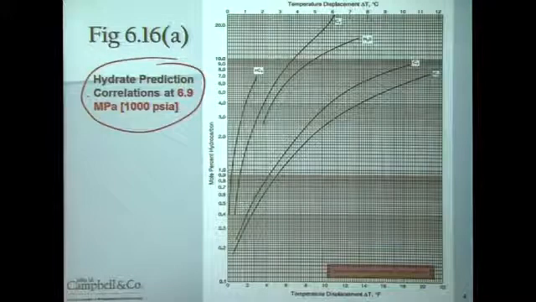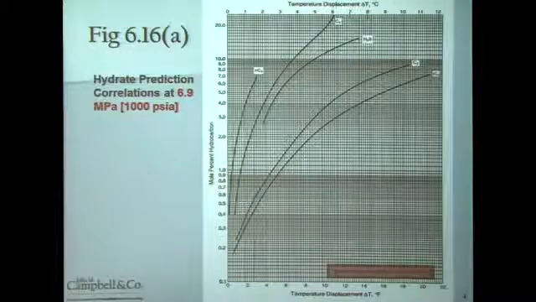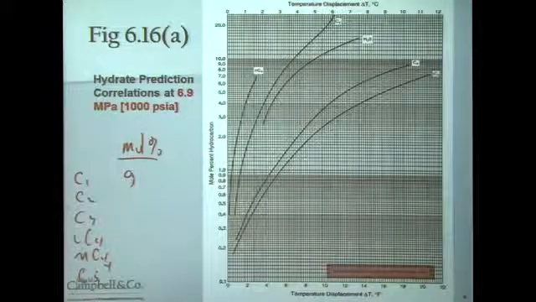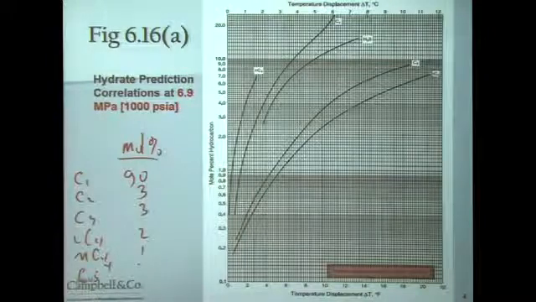If you have a natural gas stream at 69 bar, and let's assume you have a composition of methane, ethane, propane, isobutane, normal butane, and C5 plus, we'll make up a composition where you'll have 90 mole percent of methane, 3 mole percent of ethane, 3 mole percent of propane, 2 mole percent of isobutane, 1 mole percent of normal butane, and 1 mole percent of C5 plus.